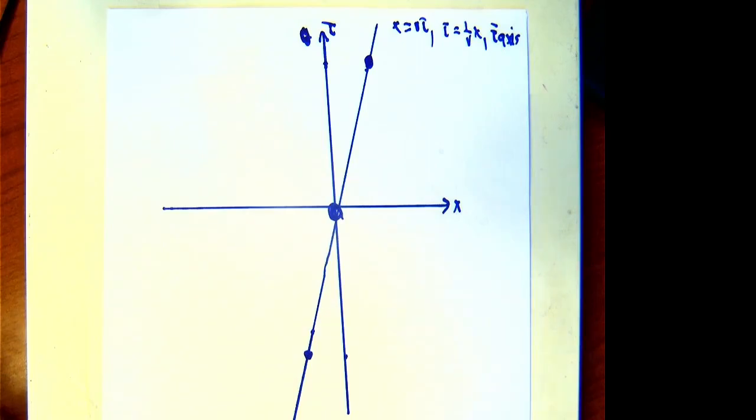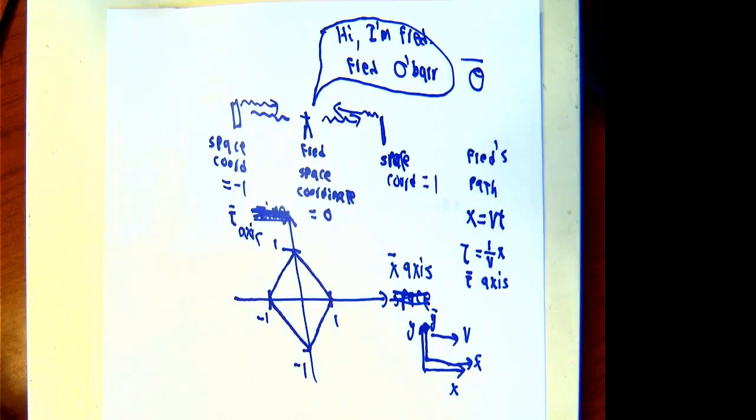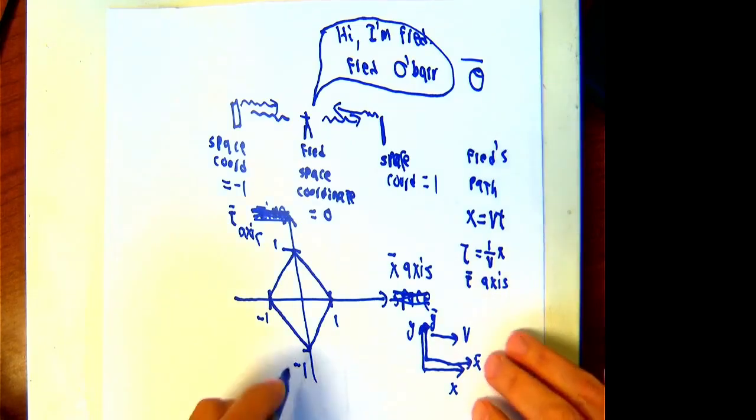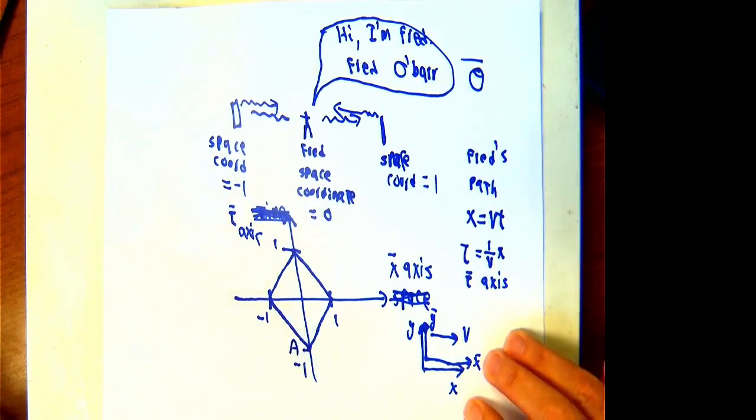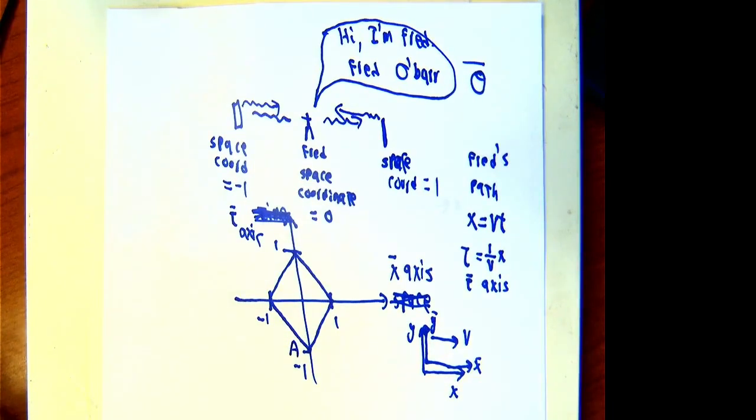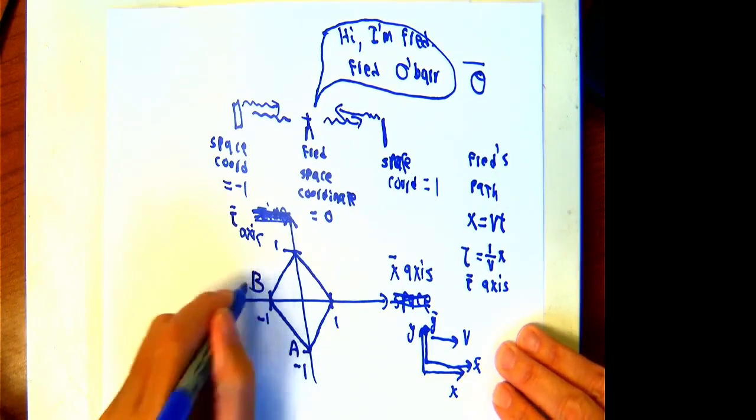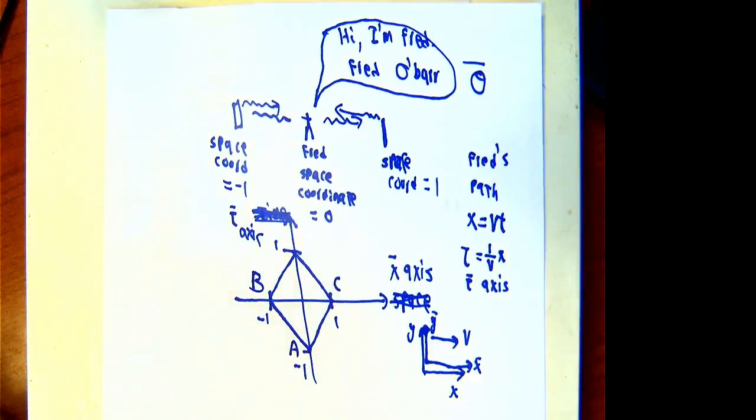I'm going to draw in Fred's world line, which is the t-bar axis, and see what we can figure out. I'm going to make up letters for some points in space-time. I'm going to call the point of space-time where the light was emitted A. I'll call the points at which it was reflected from the mirrors B and C, and I'll call the point where it comes back together D.